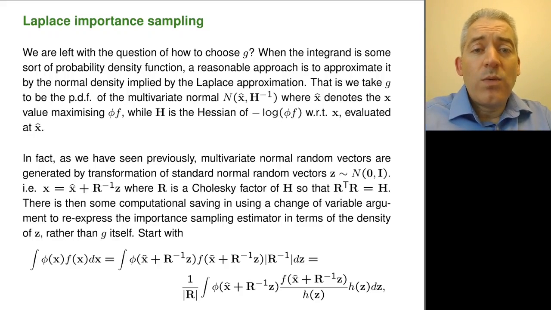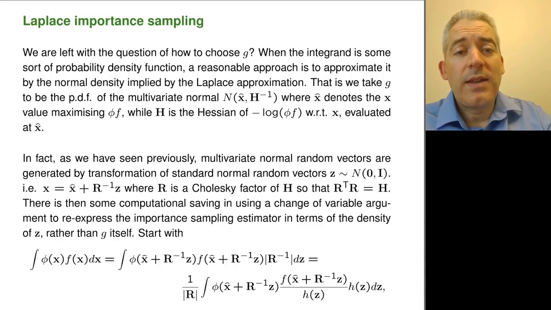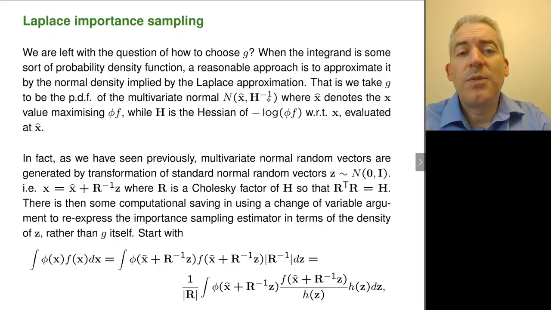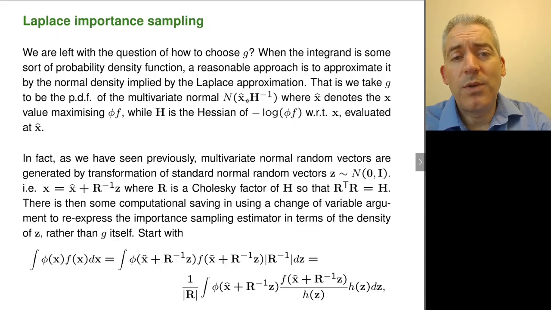It turns out that rather than directly thinking about draws with respect to this multivariate normal distribution, we know that we can construct these from standard normal variates, and it turns out to be a little bit neater and cleaner to set up this Laplace importance sampling estimator in terms of draws from a standard normal, and so we just apply the transformation that we know about.